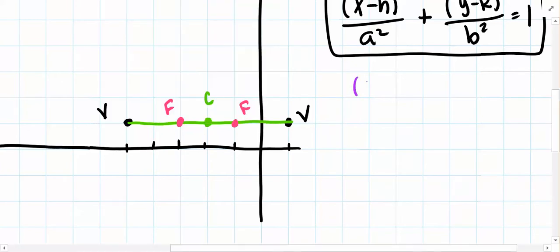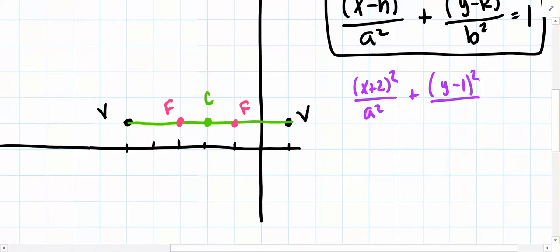I'm going to have x plus 2 quantity squared over a squared plus y minus 1 quantity squared over b squared equals 1, because my center is located at the point -2, 1. So that's my h and that is my k. So -2, 1. Okay, so far so good.